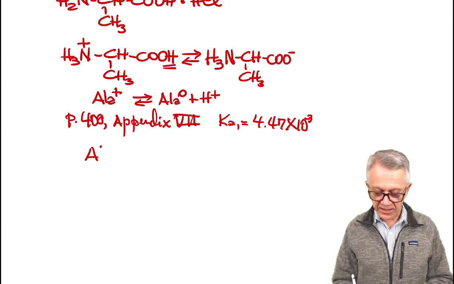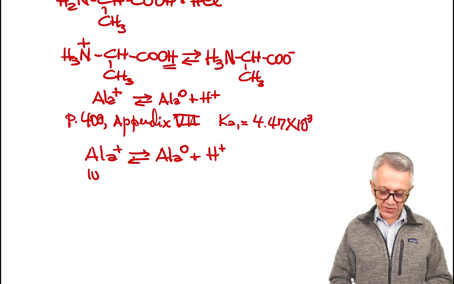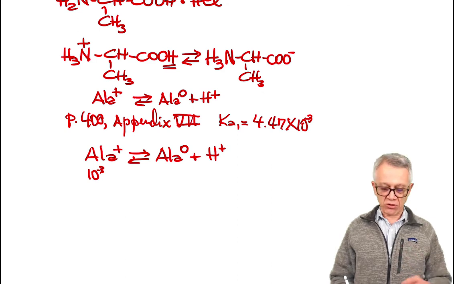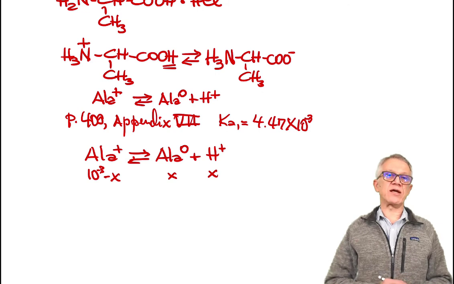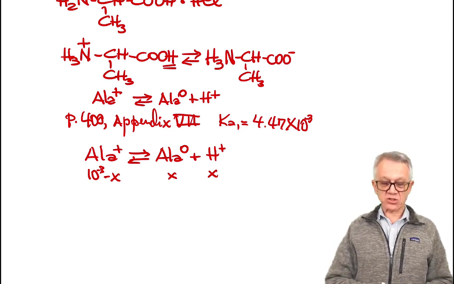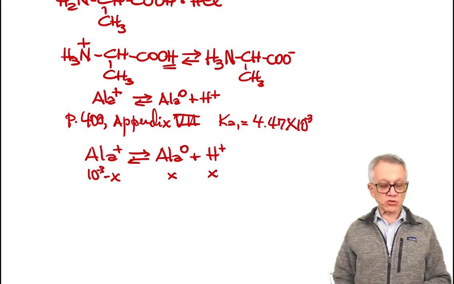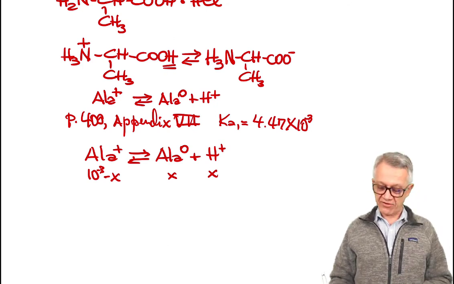So we have an equilibrium between alanine plus and alanine 0 with the protons, and initially we had a concentration of 10 to minus 3, and part of it deprotonates, dissociates, and generates X and X. So at equilibrium, we are going to have 10 to minus 3 minus X of alanine plus, X of alanine 0, and X concentration of protons. All we have to do here is to determine the concentration of H plus, and then we would have the pH.